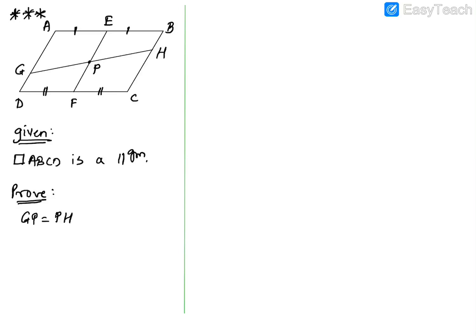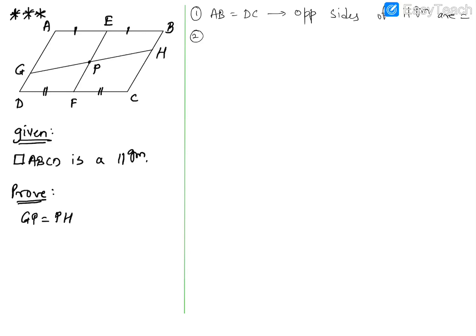So we are going to prove that AEFD, this whole thing, is also a parallelogram. Now see how to prove that. So the first statement will be that AB is equal to DC. What will be the reason? Opposite sides of parallelogram are equal.